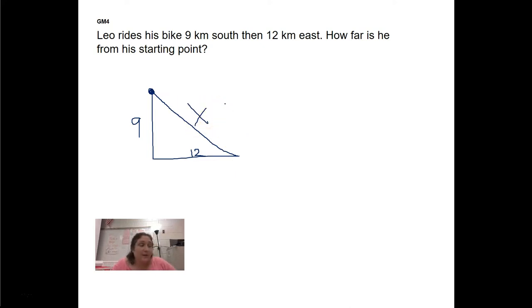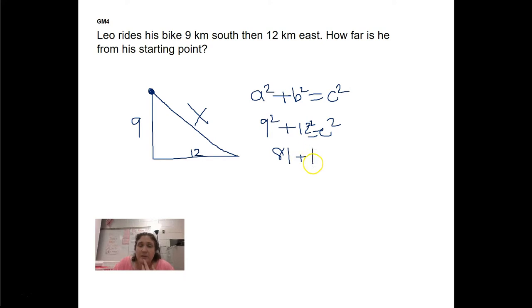Pythagorean theorem is on the formula sheet. It's on the top of the second column. So we're going to do a squared plus b squared equals c squared. So you've got 9 squared plus 12 squared equals c squared. 81 plus 144 equals c squared.